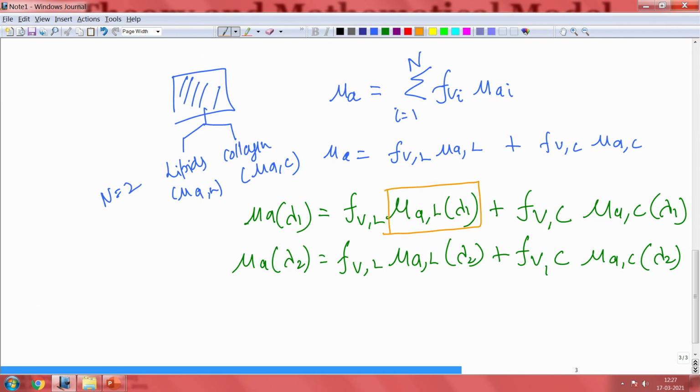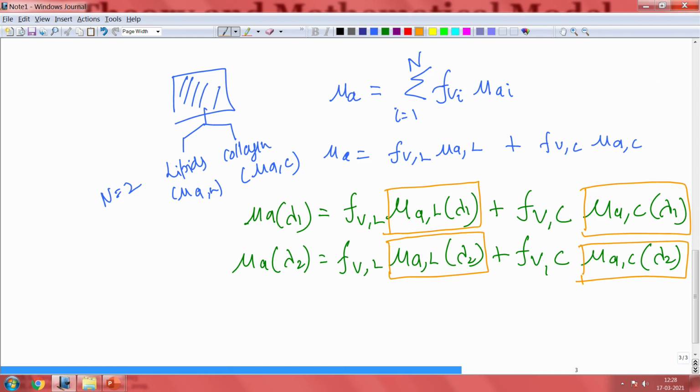Actually, we know it for most of the wavelengths in the range that we are operating. So, we know the absorption coefficient of lipid at a certain wavelength. We also know the absorption coefficient for a second wavelength. We know the absorption coefficient for the collagen for the first wavelength, and similarly for the second wavelength.